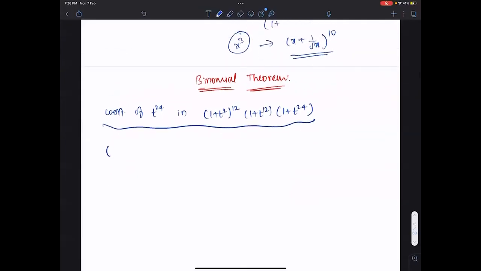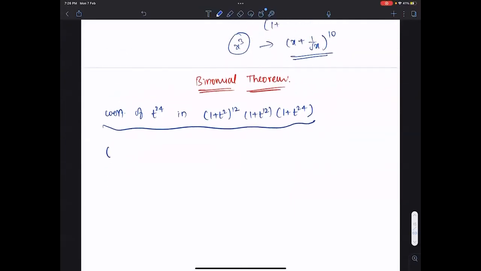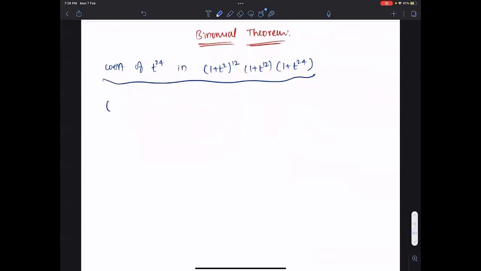Now if a product is given like this, more than one binomial expansions multiplied, then how to solve this question? See, you should understand how the multiplication works.